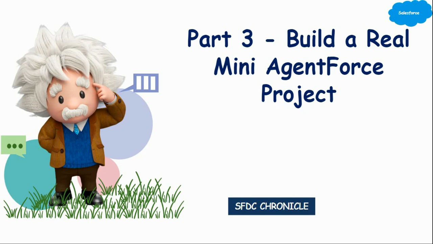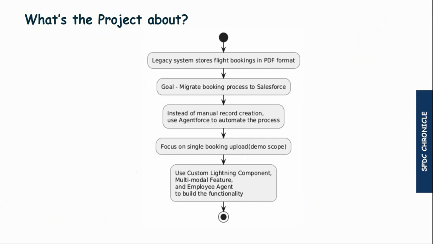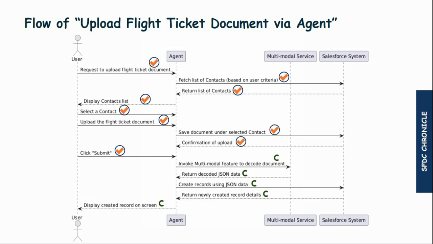So let's start with a quick recap of what we have covered so far. We discussed what this project is all about, walked through the complete technical flow, and in the hands-on part, we learned how to request and upload a file document, fetch a list of contacts, display them in the AgentForce chat window, select a contact and upload a file ticket document for that selected contact.